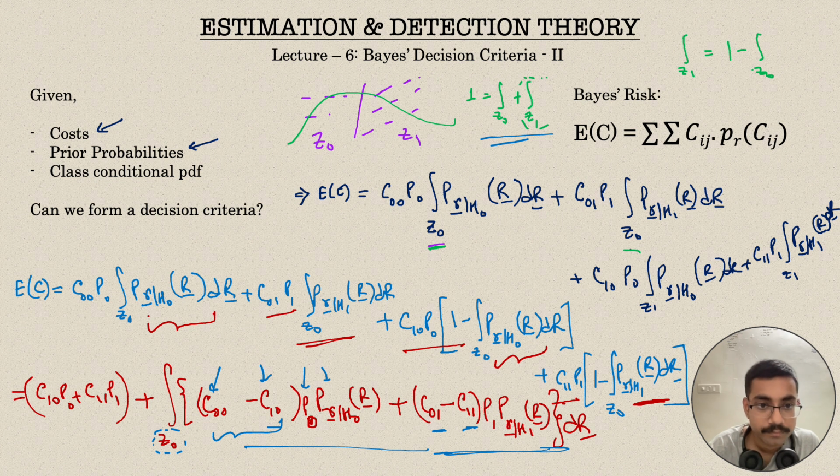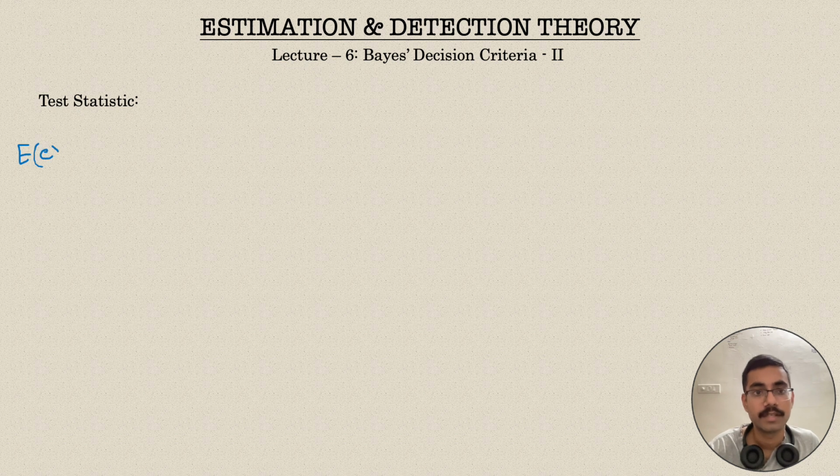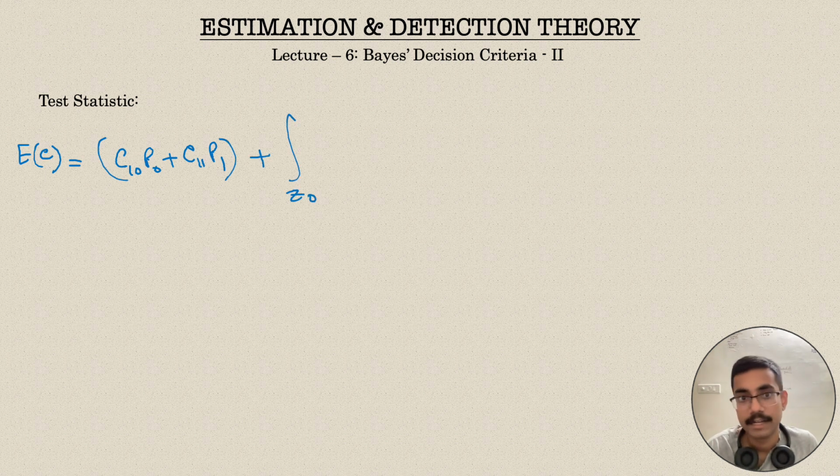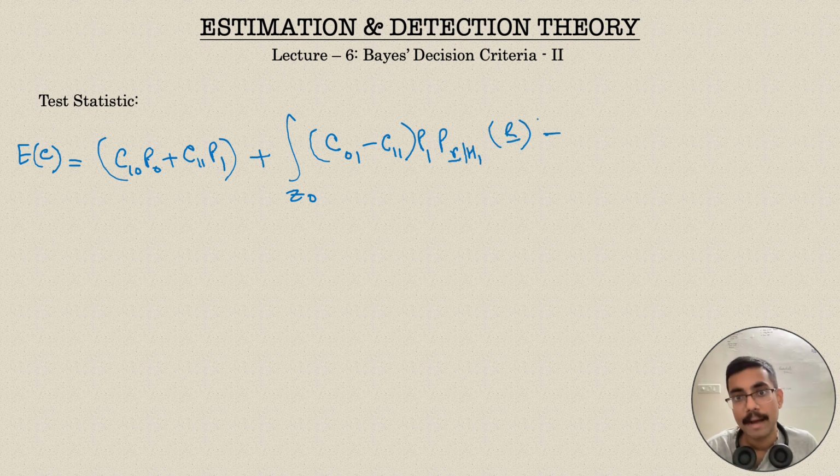Okay, this is what we shall be implementing right now. So this expression E of C, this turns out to be C10 P0 plus C11 P1, and plus integration over Z0 of C01 minus C11 P1 P of R given H1 R, minus C10 minus C00 P0 P of R given H0 R. This is what I have taken the minus common, and it's negative, so it's placed in the right hand side.